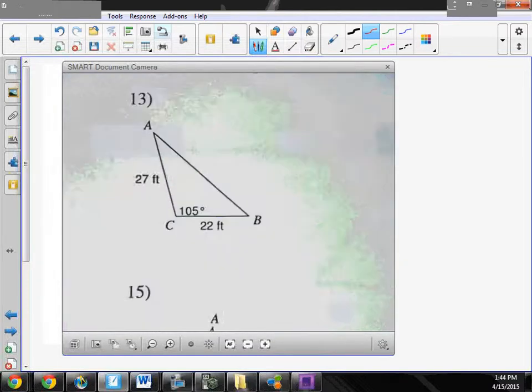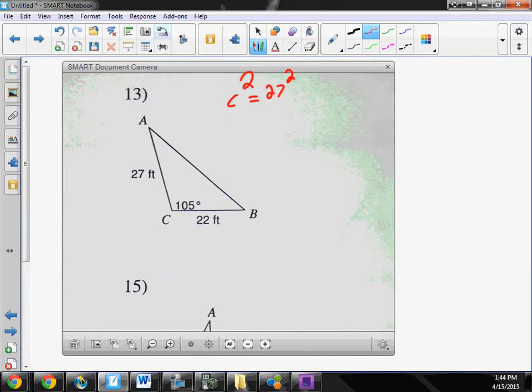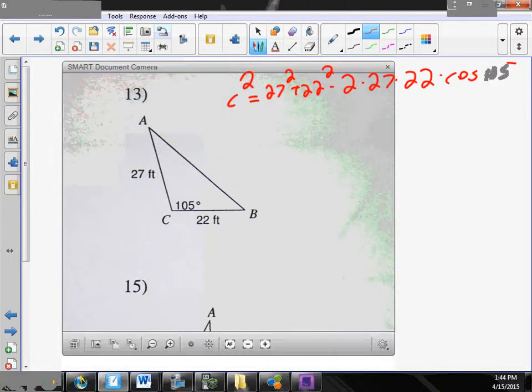So, number 13. Which version of the law of cosines am I going to use? C squared. So C squared equals 27 squared plus 22 squared minus 2 times 27 times 22 times the cosine of 105. Now that's a pretty easy equation because I can just plug them all in.